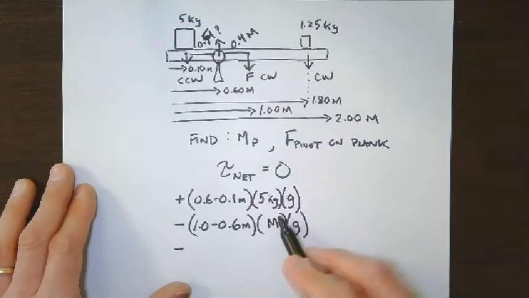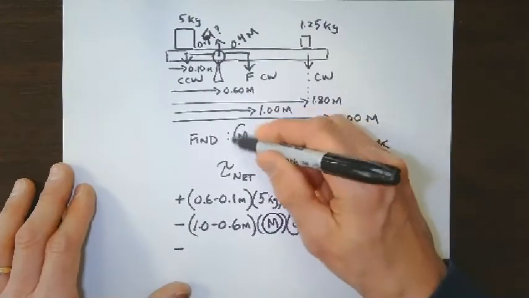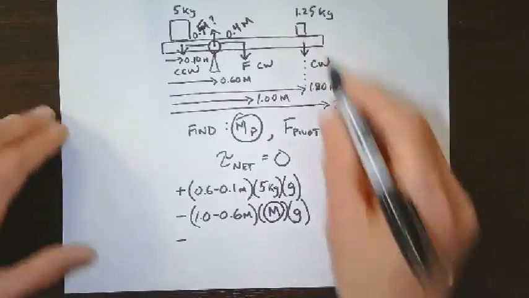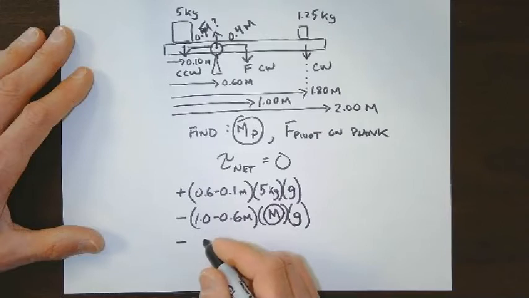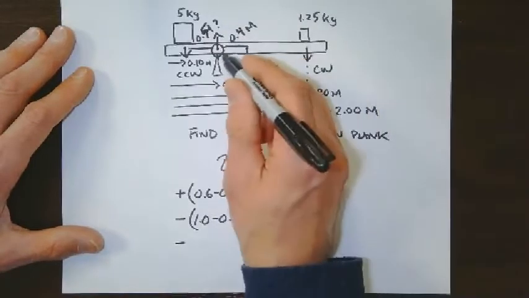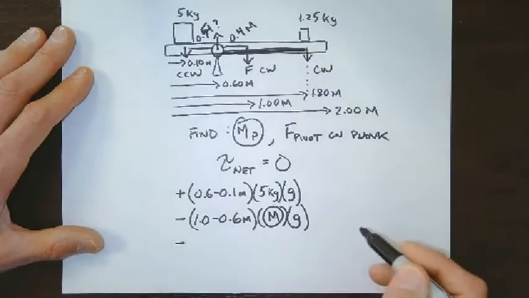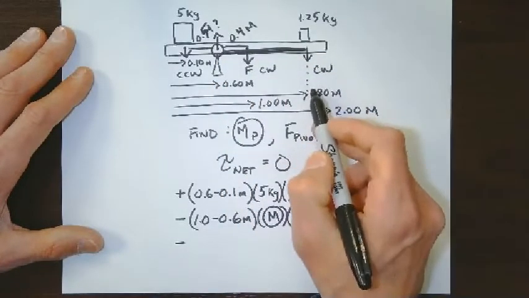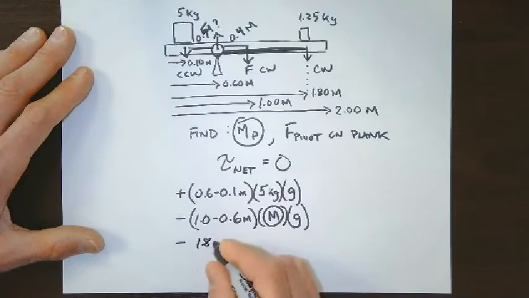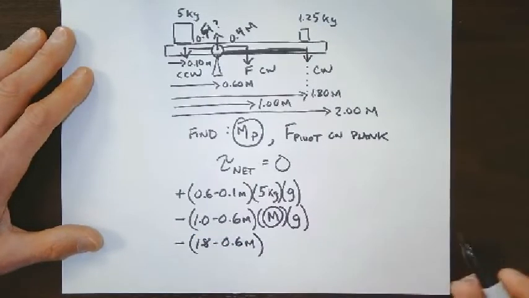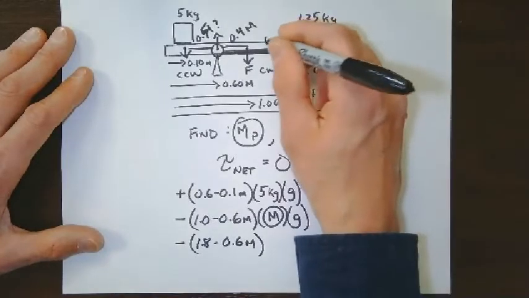And then m is the mass we're trying to solve for, right? It's this. And g is just g. And we do one more term. At the very end, you're going to have an arm that goes all the way from here to here, right? And so that's going to be 1.8 minus 0.6 meters. 1.8 minus 0.6 is 1.2 meters.